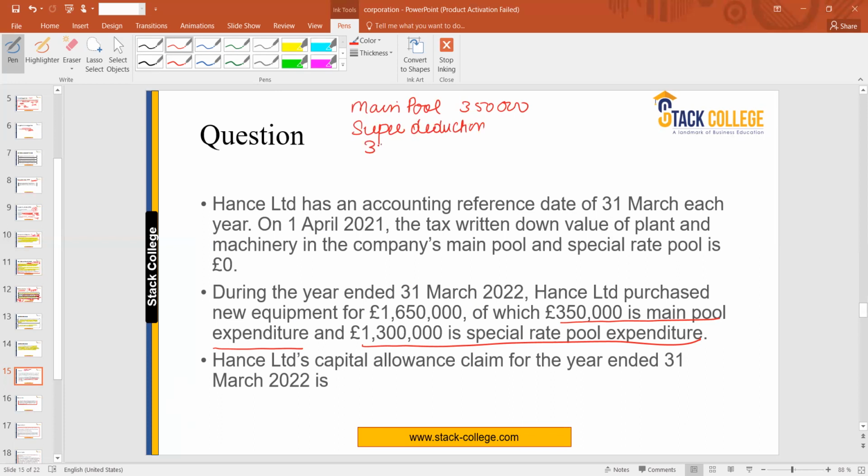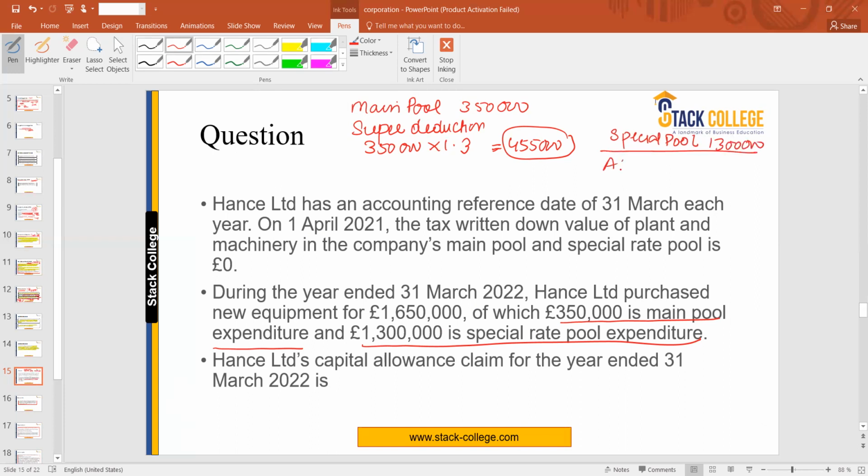So as a result, my allowance is 350,000 into 1.3, which is 455,000 of allowance against the main pool item. Now, as far as the special pool item is concerned, its value is 1.3 million.